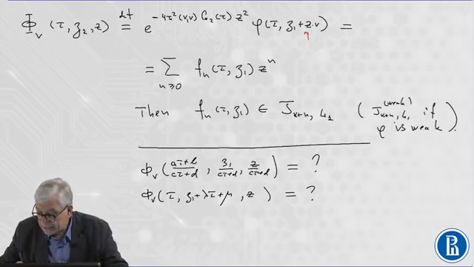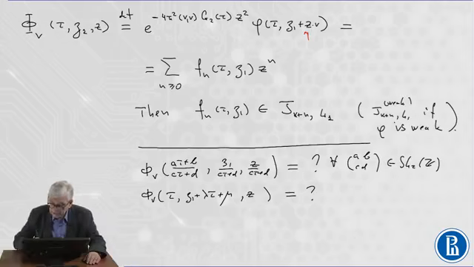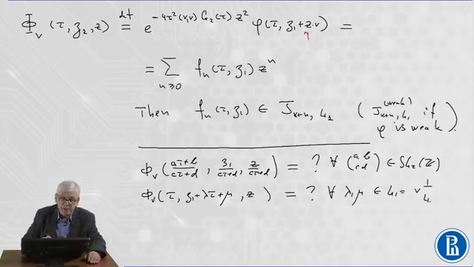In the first case, a, b, c, d is in SL2Z, and now for any vectors lambda and mu in the lattice L1, which is the orthogonal complement of the vector v in the lattice L, you get that this automorphic correction has the same transformation as a Jacobi form of corresponding weight for the lattice L1.